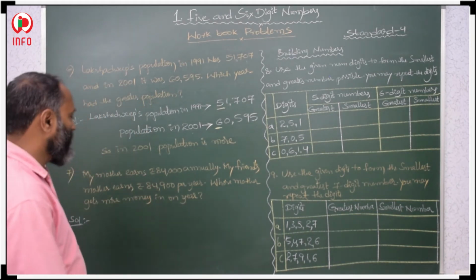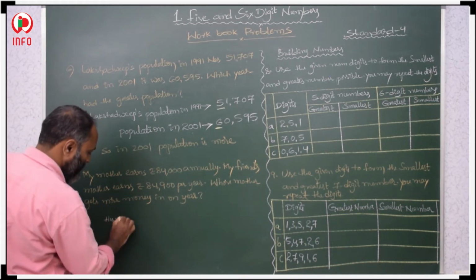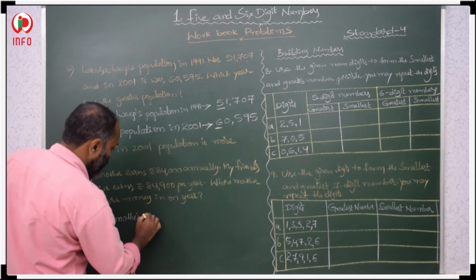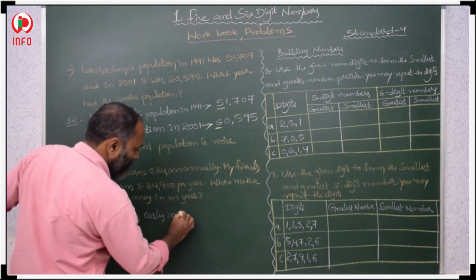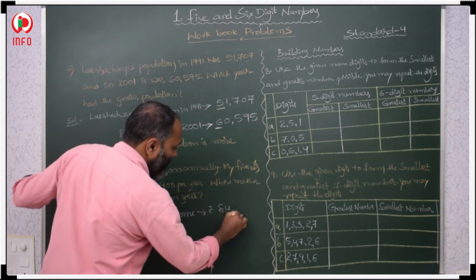So first, his mother's yearly income. How much rupees? 84,000.